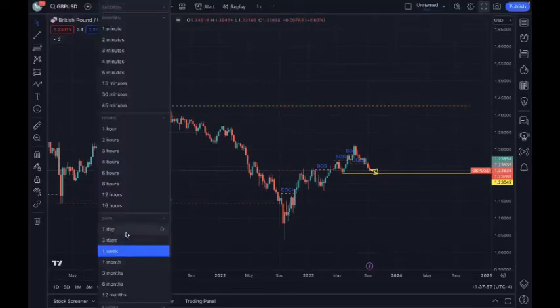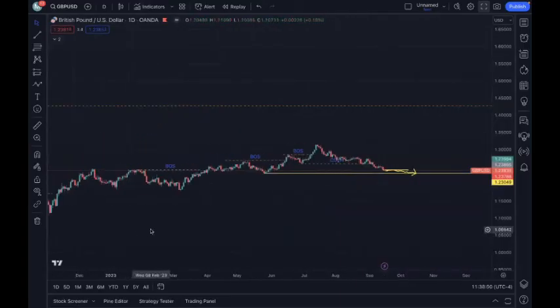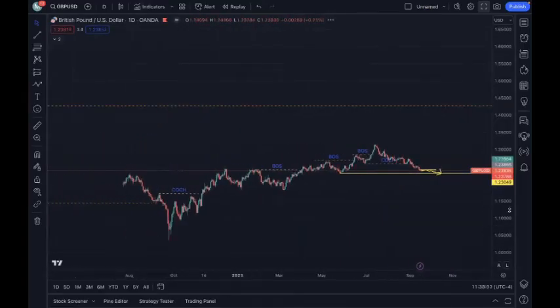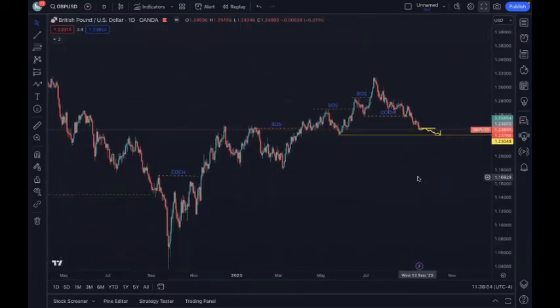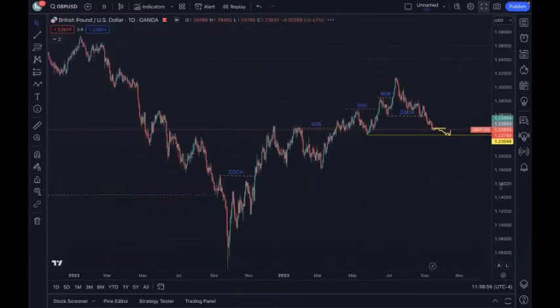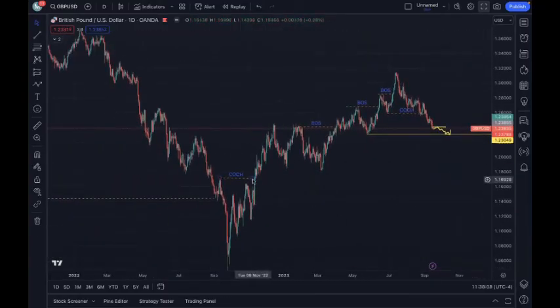And I'm going to go down to the daily. Okay, you can clearly see the CHOCH there, it's better. And then you see the rise up. And she has gotten to this place. She has taken all them equal highs here. She's taken them all.